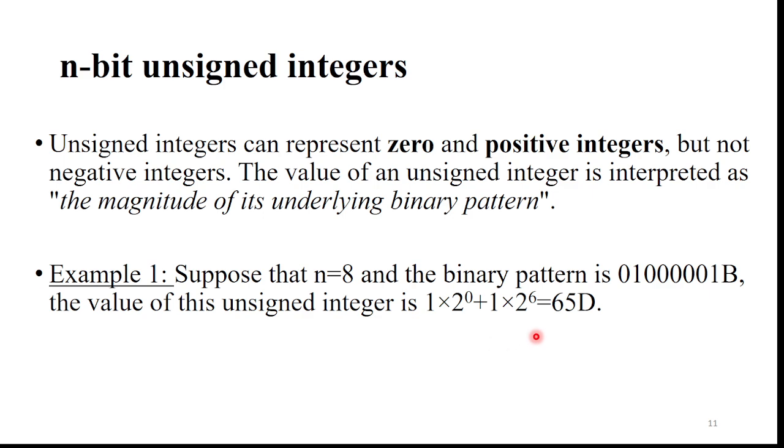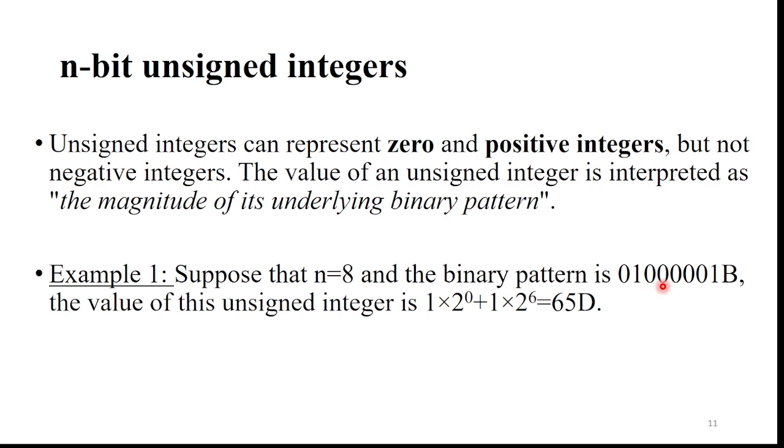The value of this unsigned integer, as we discussed before, is calculated in this way, as you see here. Each position represents a power of 2, starting from 0 on the right. So this one, this position, here we can write 2 power 0. The second bit is 2 power 1, then 2 power 2, and so on.